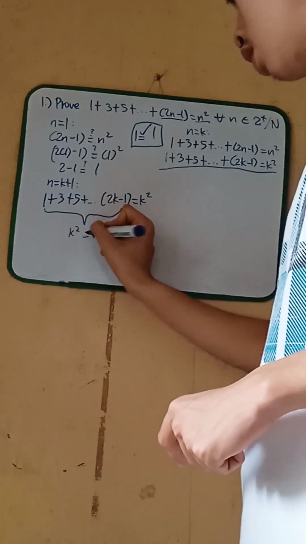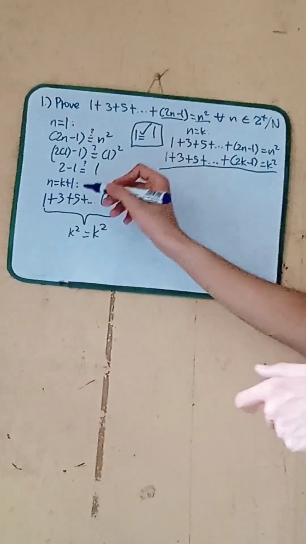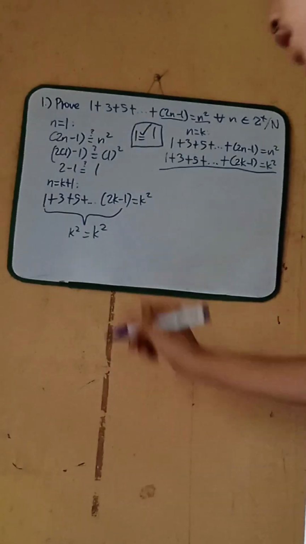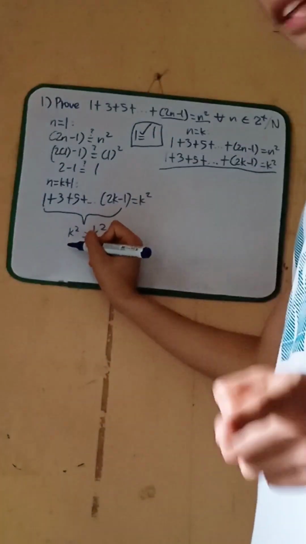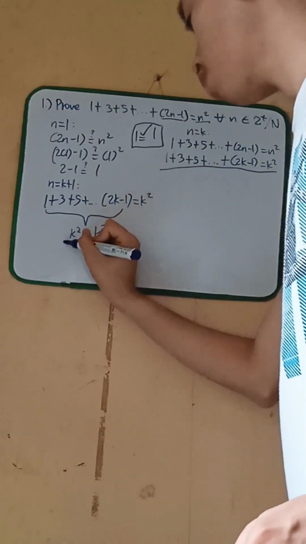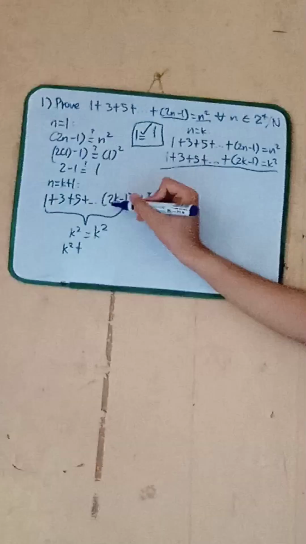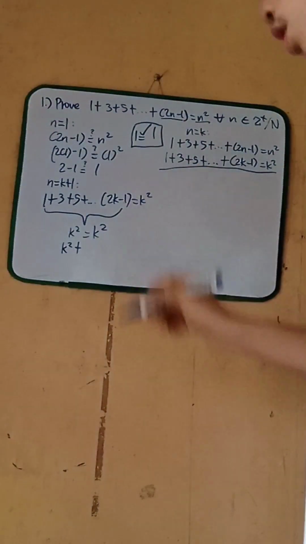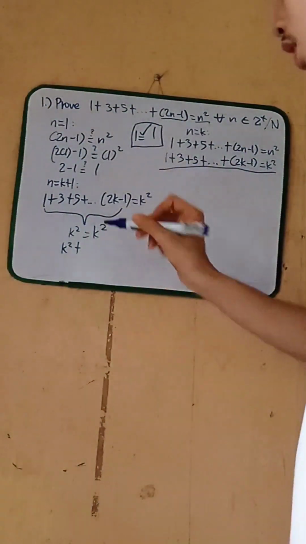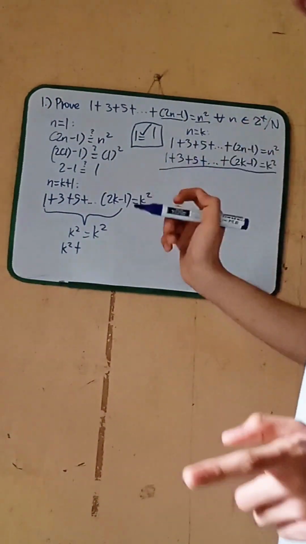Now, k squared. And on the left-hand side, you just need to copy this, and in this 2k minus 1, you should substitute the k by k plus 1.